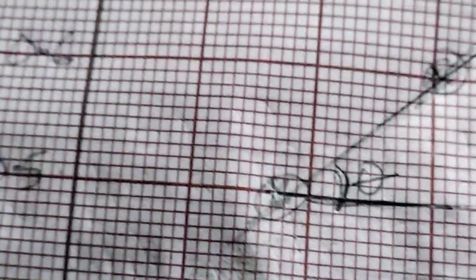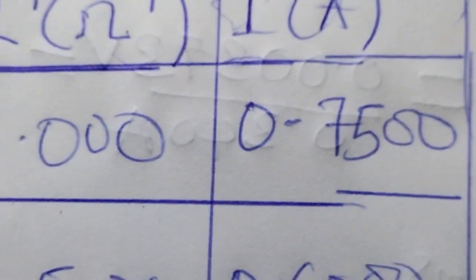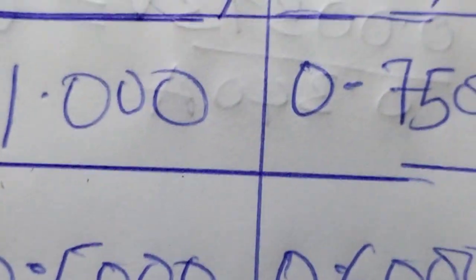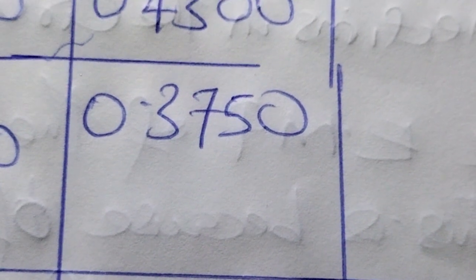Let's look at the scale we chose. As we said, the highest value of current is 0.75 ampere, while the least value of current is 0.375 ampere. Let's look at the vertical axis.